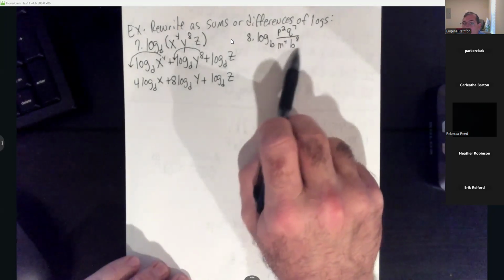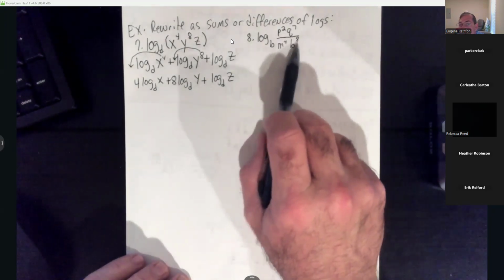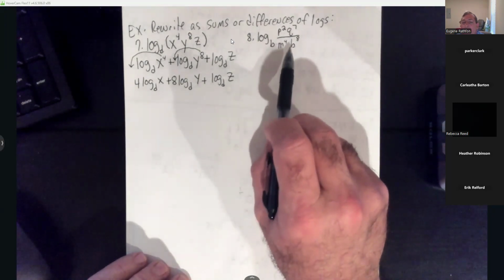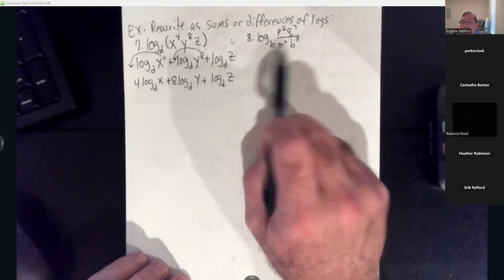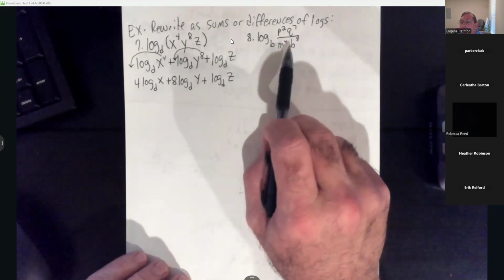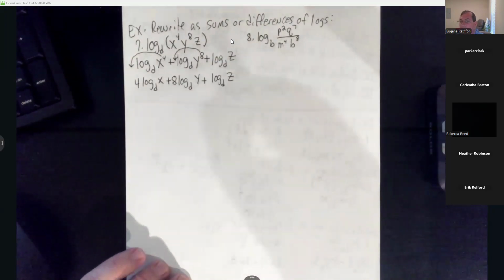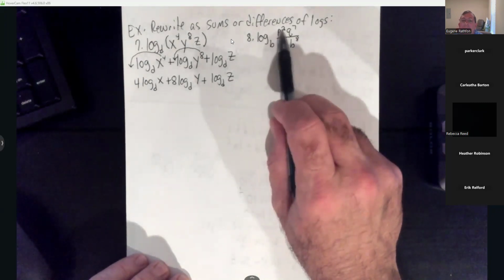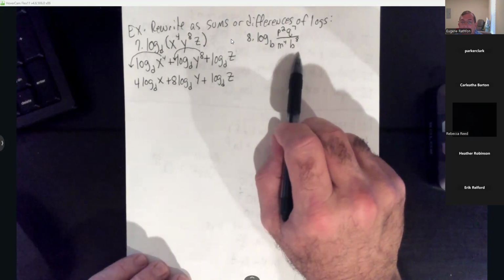So we're going to invoke the quotient rule here first. So the factors on top will be positive when we rewrite it. The factors on bottom will be subtracted when we rewrite it. And I will distribute the log base b to every factor.